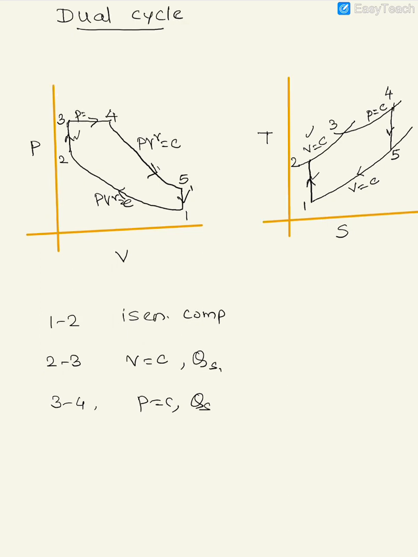This is how it is to be represented here. Okay. 4 to 5 isentropic expansion. This one, and finally 5 to 1 constant volume heat rejection. This is constant volume heat rejection. So this completes the discussion on the dual cycle.